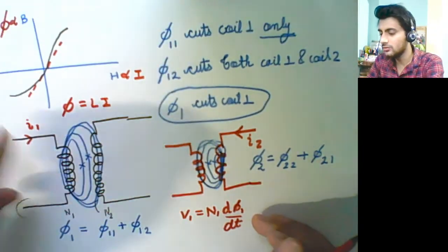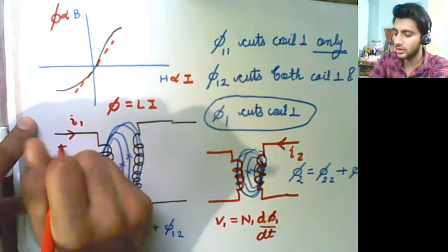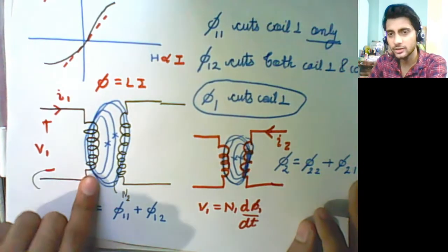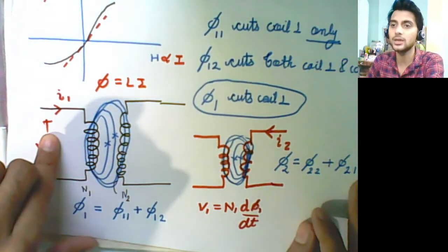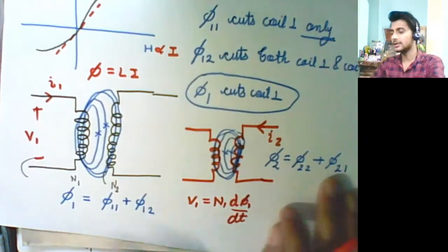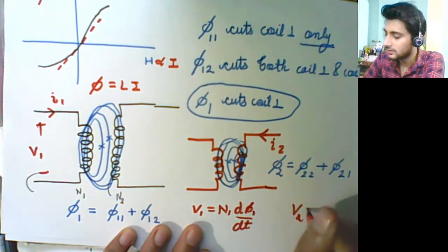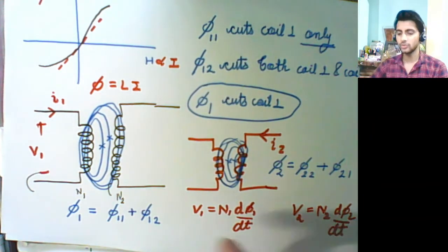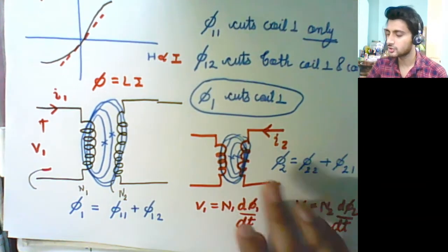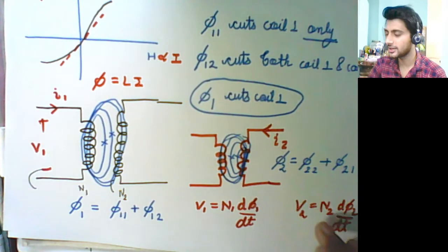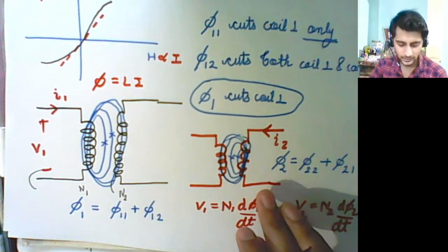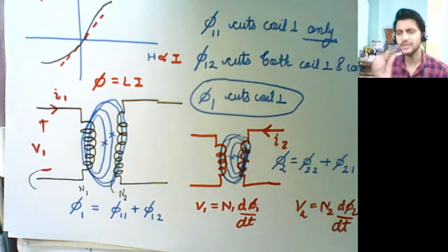So total voltage across coil 1 would be dependent on the number of turns across coil 1 and the total flux across coil 1. Similarly, V2 would be N2 d phi 2 by dt. The total voltage across coil 2 will be dependent on the number of turns in coil 2 and the flux induced. Fine. But this portion is a very small portion.